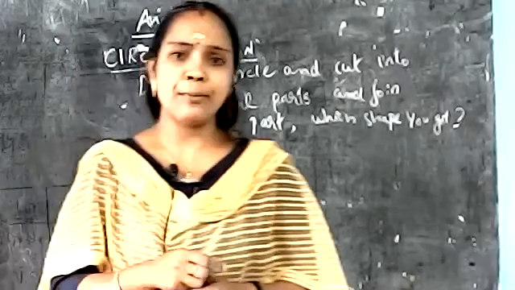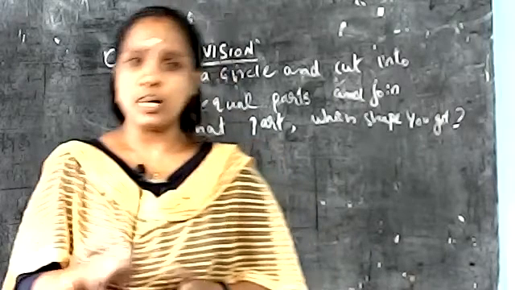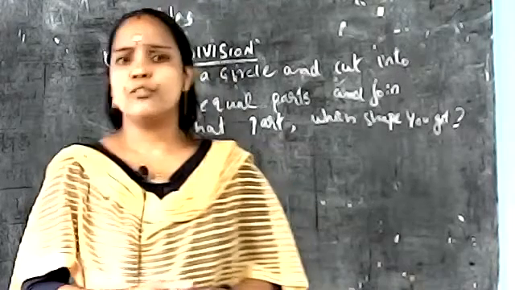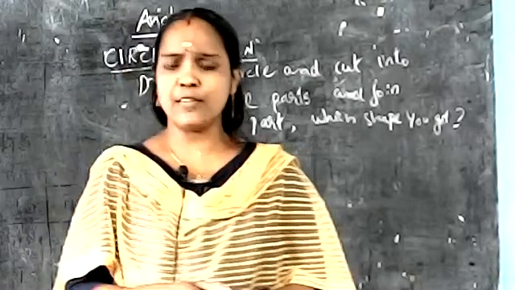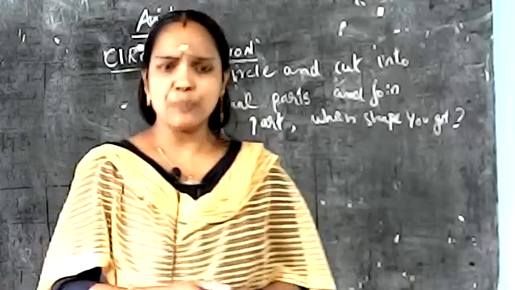It has four sides and four angles. What is special about that shape? Opposite angles are equal. Opposite sides are equal. What is the name of that figure? Search for that figure's name.